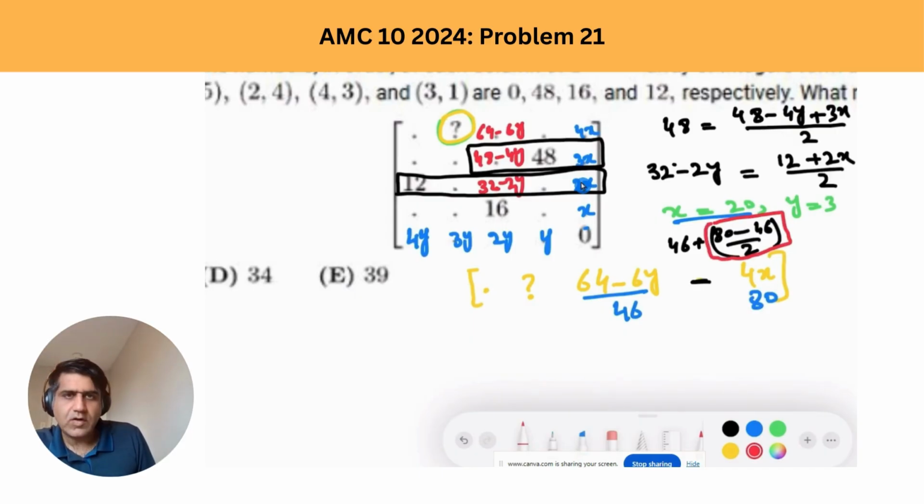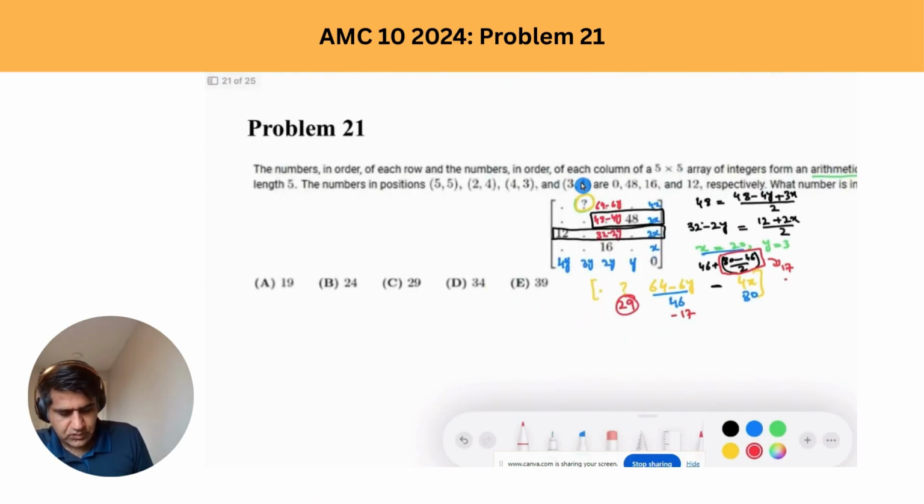That is 17 if you calculate it. And once I get the constant difference, I can simply subtract 17 from it, and then I can say that this value is 29, and that is the solution for this problem.